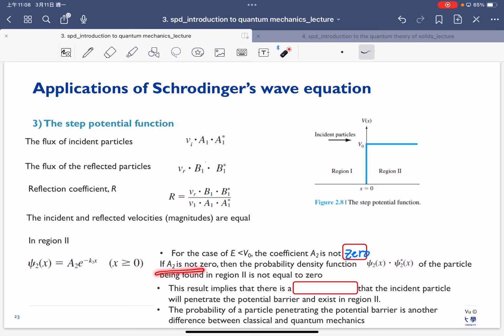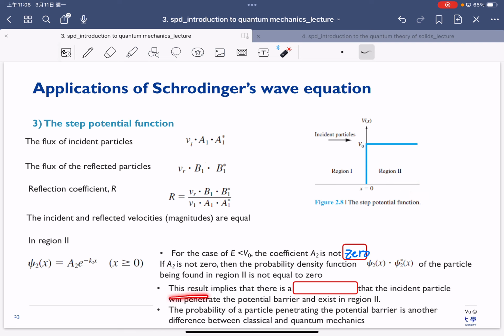So if A2 is not 0, that means the probability density function of the particle can be found in region 2. That means there's a probability here that we can find the particle because A2 is not 0.